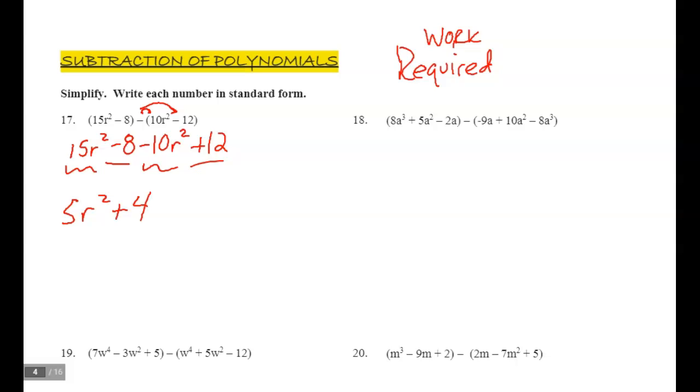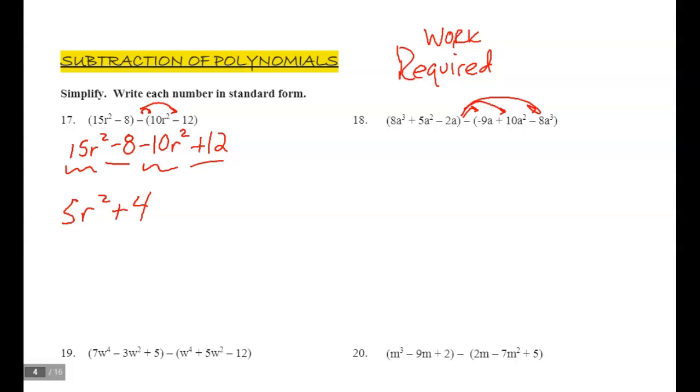The other way to do it, and again, I want you to show your work on any subtraction ones. This negative, again, is going to flip all of these signs in here. But you could just write them underneath what matches, and then do it old school, up and down.